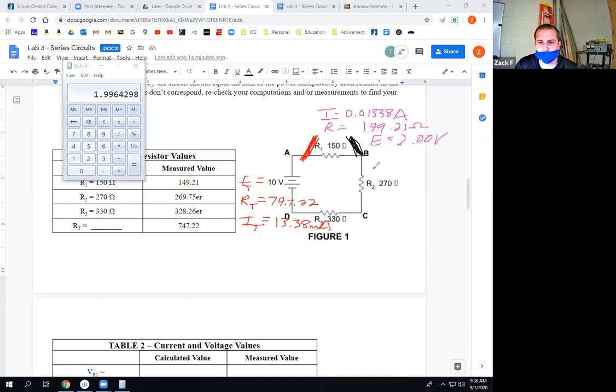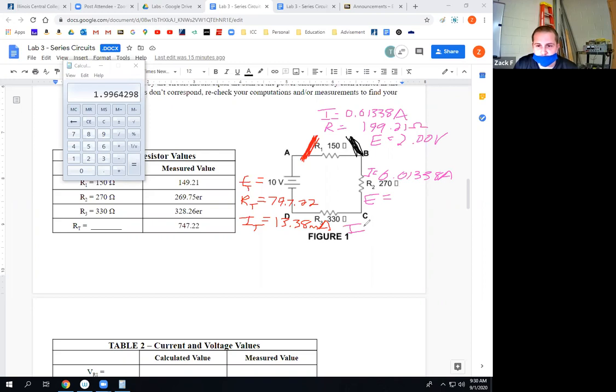So current at resistor 2 is going to be the same. I equals 0.01338 amps. So the voltage drop there should be whatever you come up with.